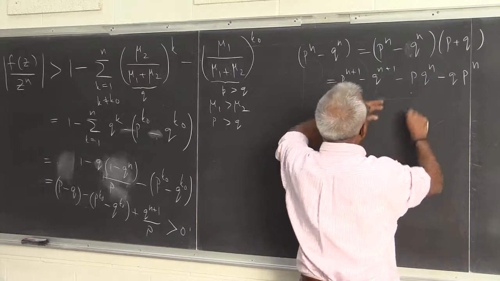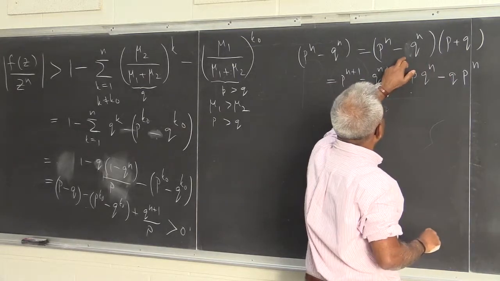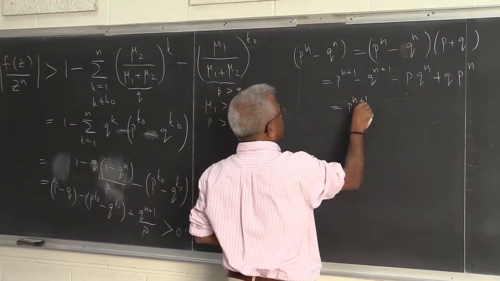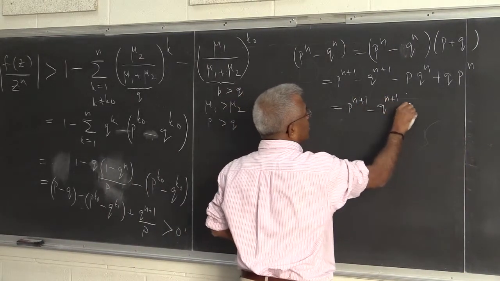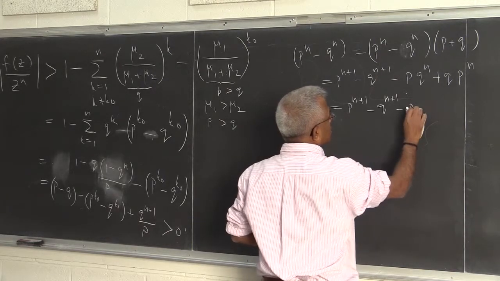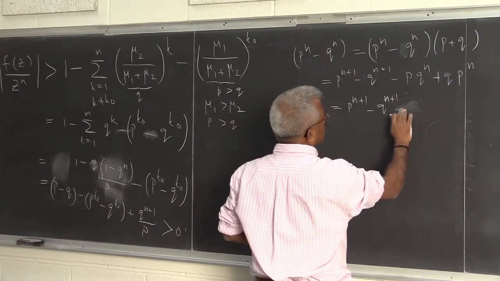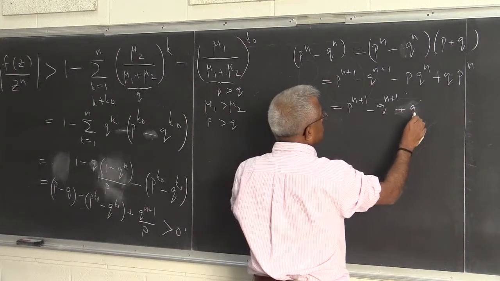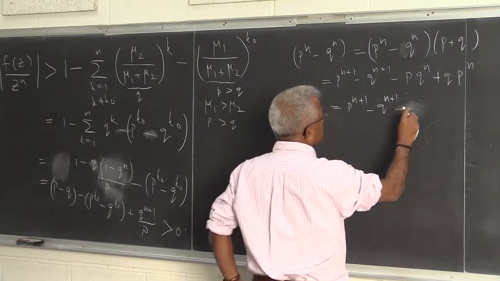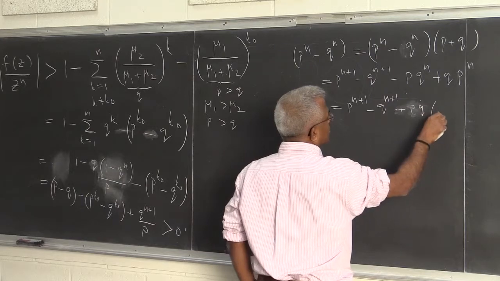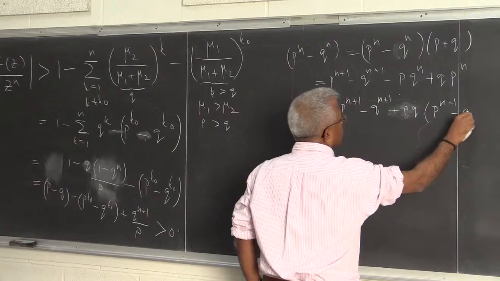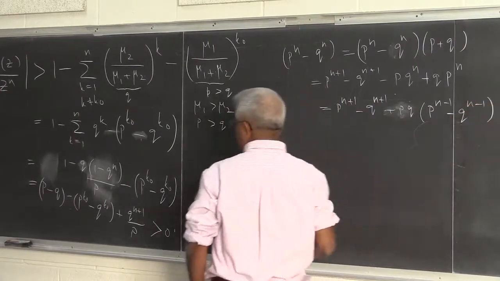So this is pq^n, and this is plus. So this is going to be p^(n+1) minus q^(n+1) minus pq times (p^(n-1) minus q^(n-1)).